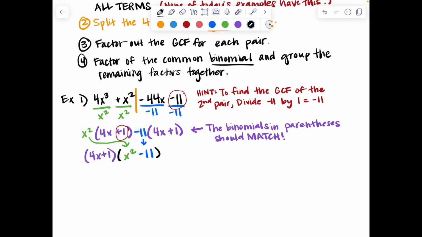And that is our completely factored polynomial. So if you wanted to check your work, you could multiply those together using FOIL or the box method, and you should end up with your original expression.